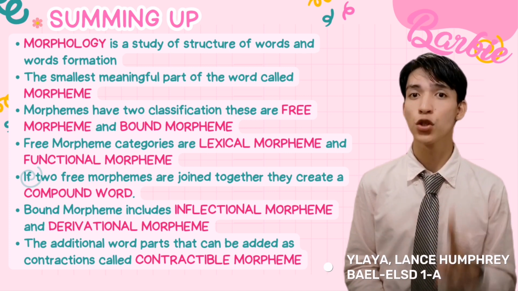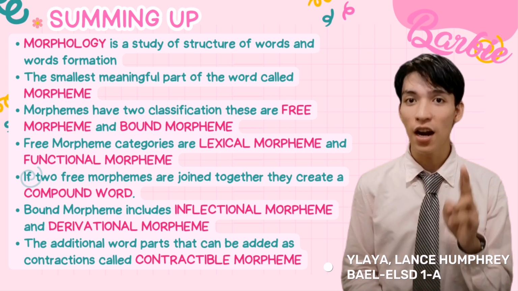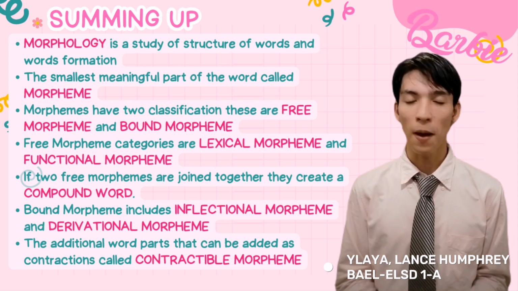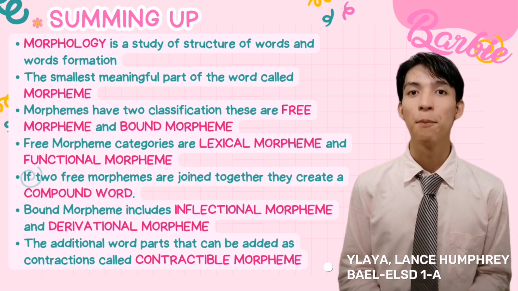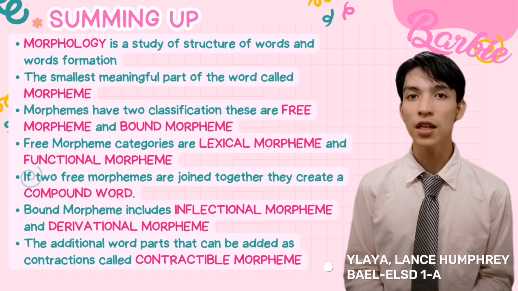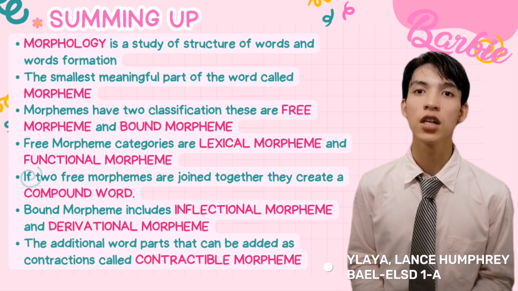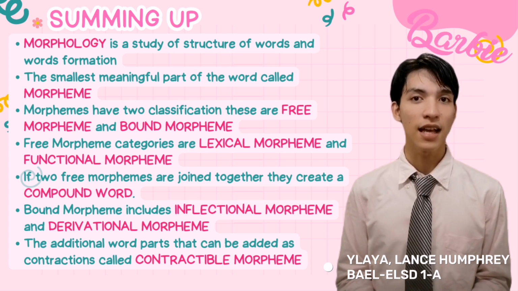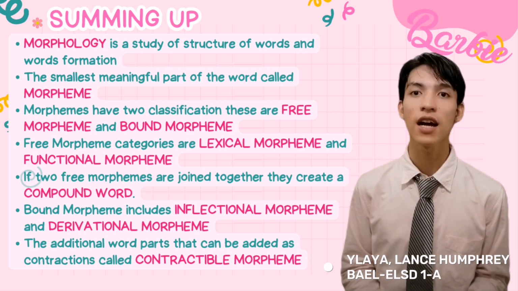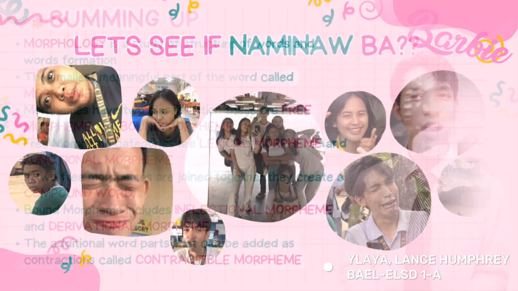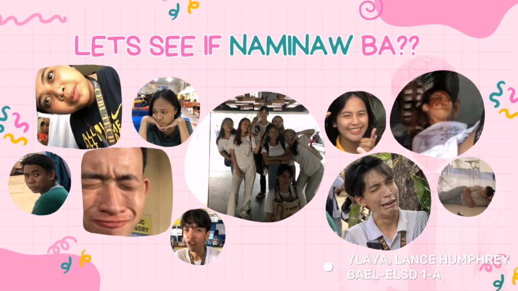Always remember, if two morphemes combine together, they create a compound morpheme. Bound morpheme includes inflectional morpheme and derivational morpheme, and the additional word parts that can be added as contraction called contractible morpheme. And now, let's see if you learned.